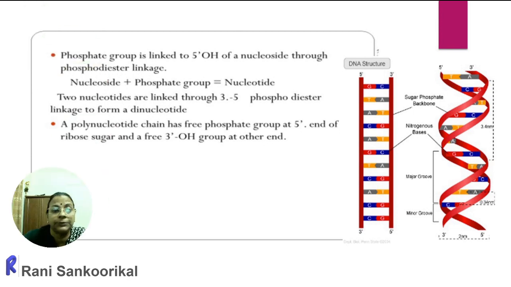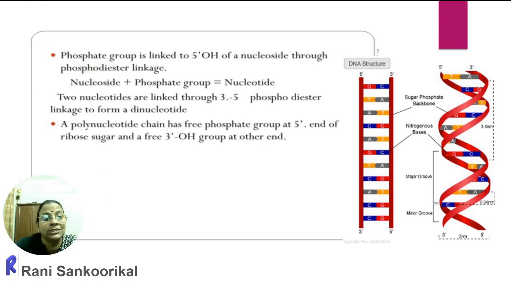The phosphate group is linked to the nucleoside through a phosphoester linkage, and neighboring nucleotides are interconnected by 5',3' phosphodiester bonds. In that way, many nucleotides form a single polynucleotide strand.